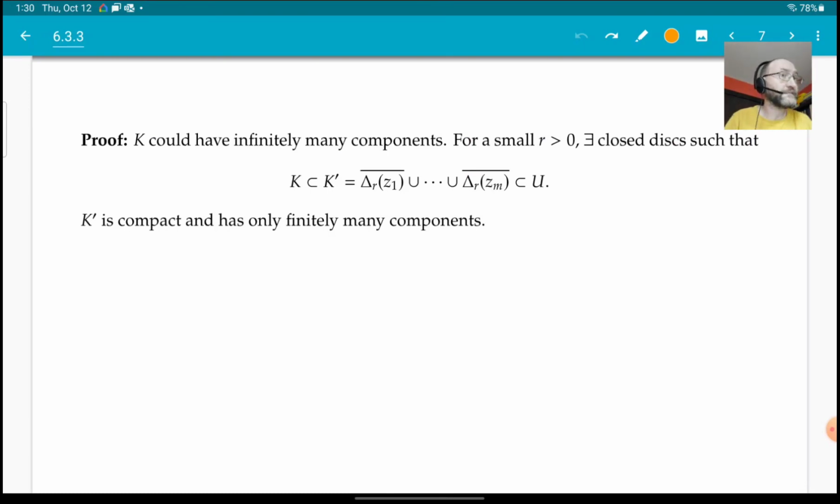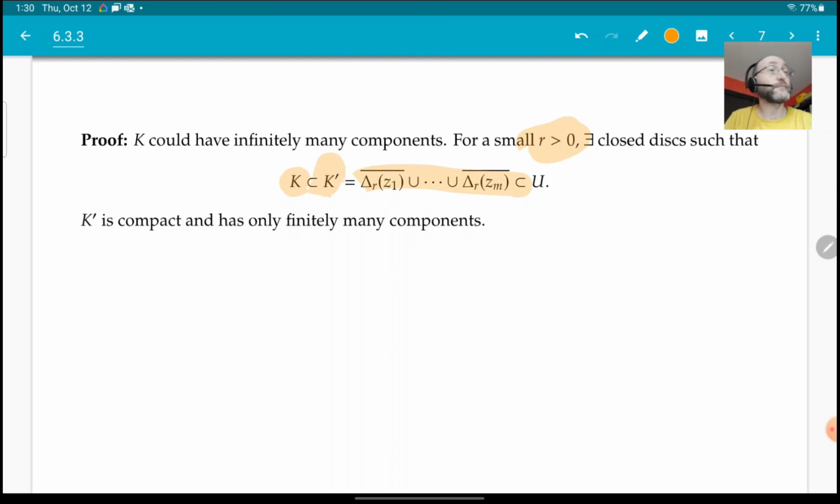Some fixed radius. And because it's compact, we can actually use finitely many such disks. And we can make those disks closed by just taking a slightly smaller radius if we need. So there is some fixed number R, right? And we can cover K by this union of finitely many closed disks, right?